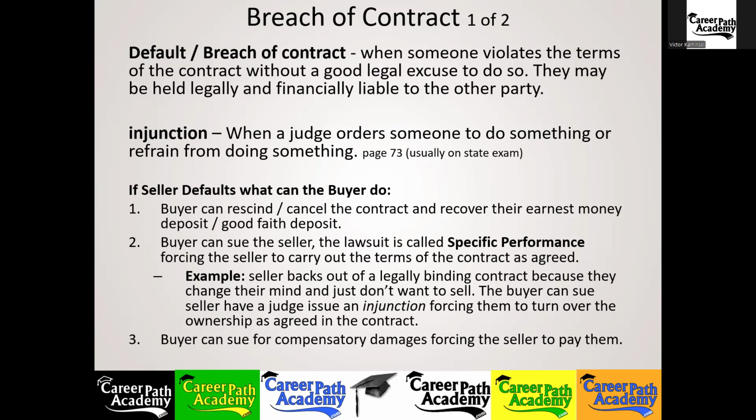So we're going to go over now what happens if a seller defaults, what are the buyer's options, what can they do? And then we're going to go over if the buyer defaults, what can the seller do?